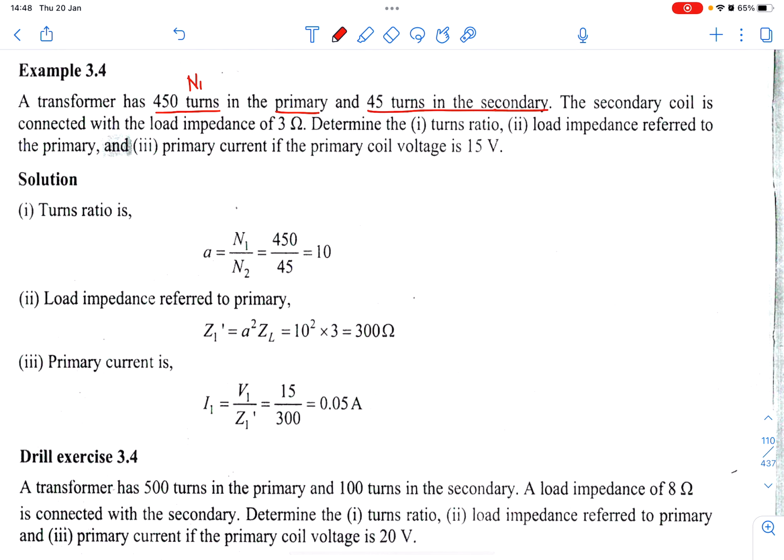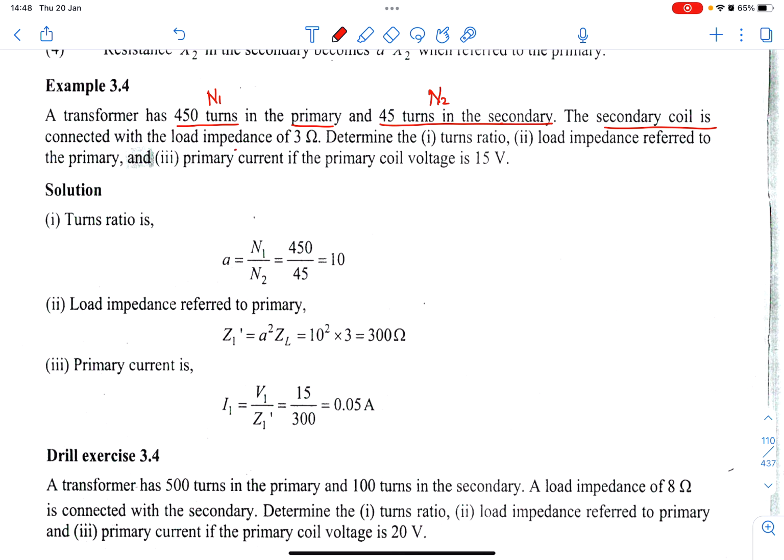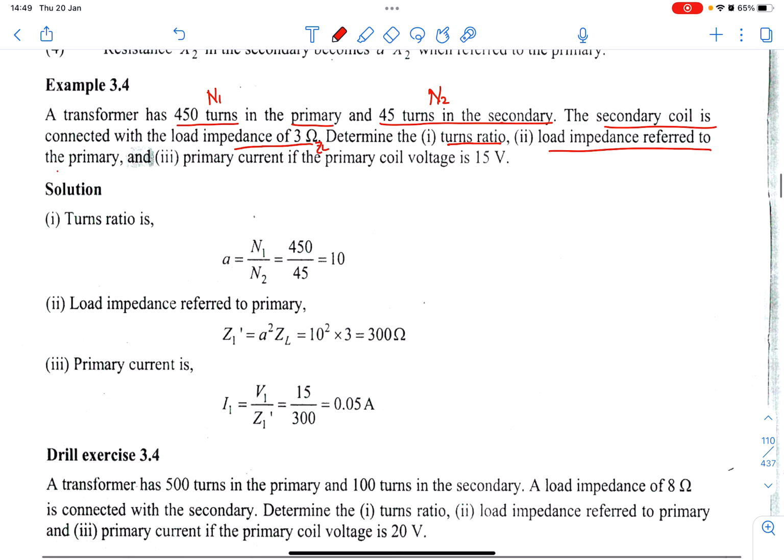So this is your N1 and this is your N2. The secondary coil is connected with a load impedance of 3 ohm. So this is your ZL. Now you need to calculate the turns ratio, the load impedance referred to the primary, and the primary current if the coil voltage is 15 volt.